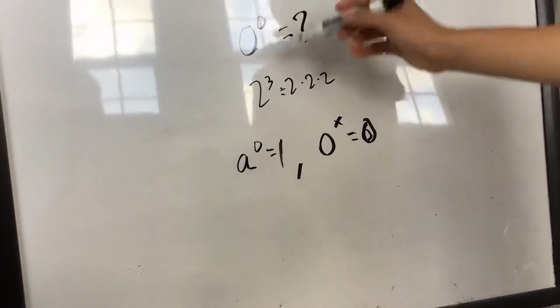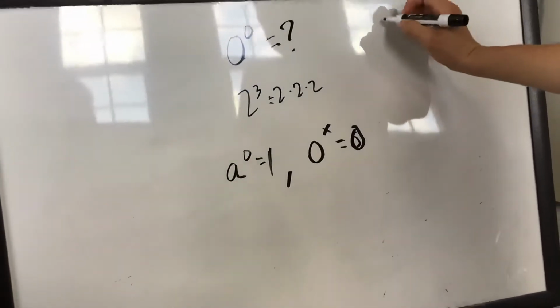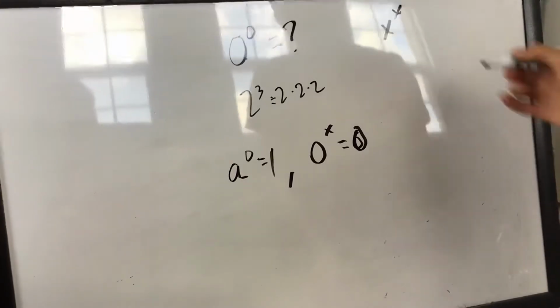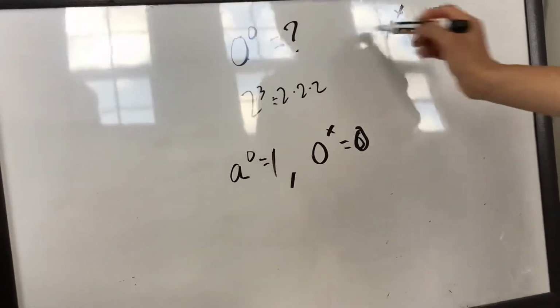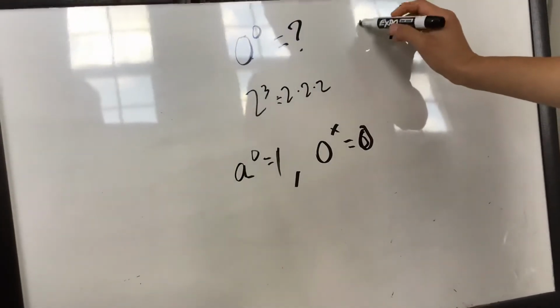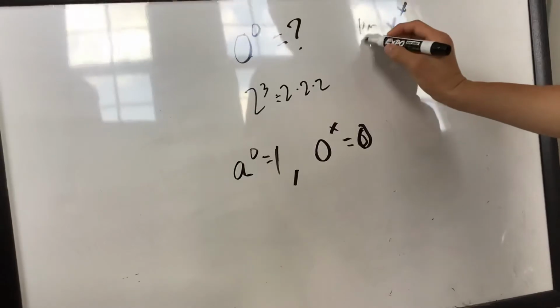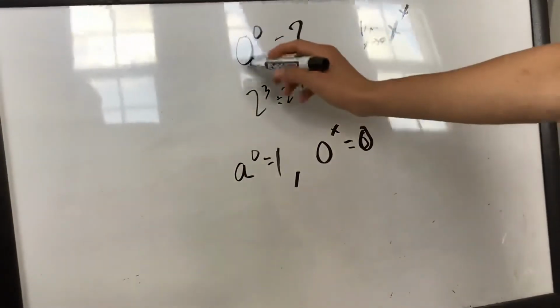So we're trying to find what 0 to the power of 0 is today. Well, it turns out we can actually define this as a function, x to the power of x. After all, if we plug in x equals 0 into this equation, we actually end up getting 0 to the power of 0. Now, if you see where I'm leading here, if we find the limit of this function as x approaches 0, we'll in effect get the value of 0 to the power of 0.